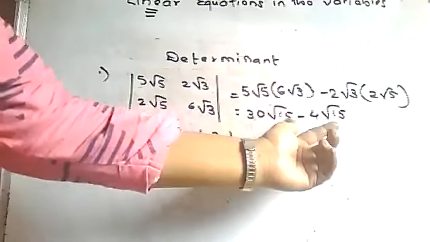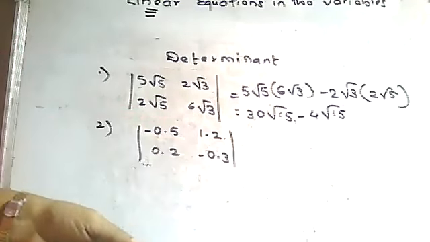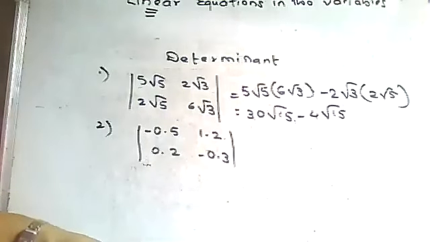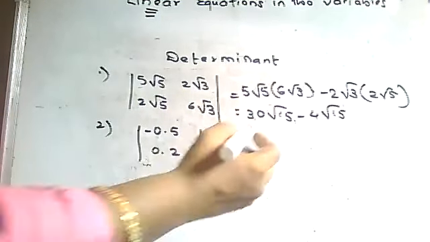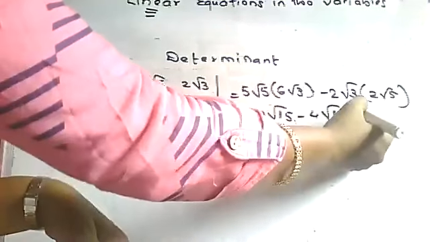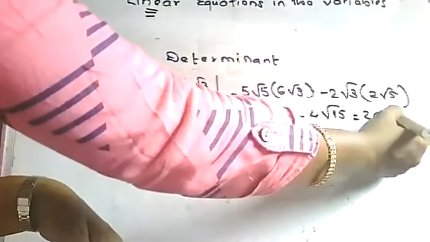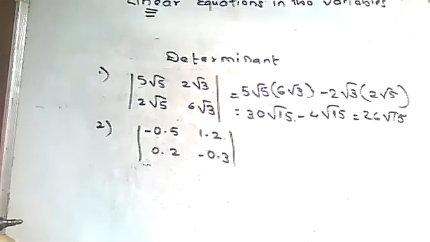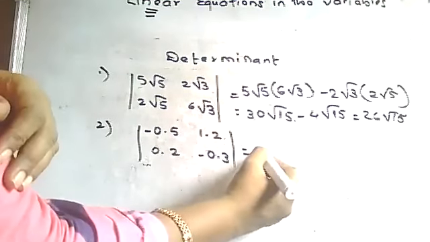And root 15, you have like terms. They can be added, subtracted. So 30 minus 4 is 26. So 26 root 15 is your correct answer. Check what the correct answer is.